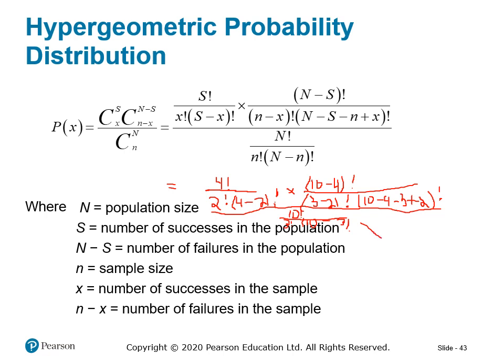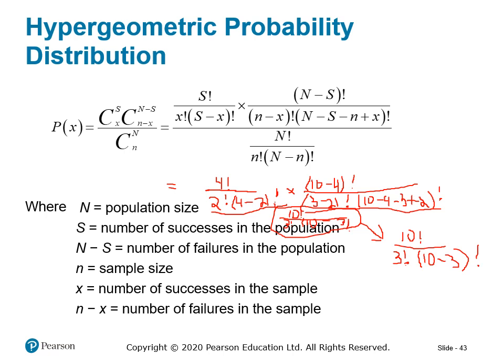What's in the numerator here is 10 factorial, which is the population size, over little n, which is 3, our sample size, factorial, times big N minus little n factorial, and big N is 10, and little n, which is the sample size, is 3 factorial.